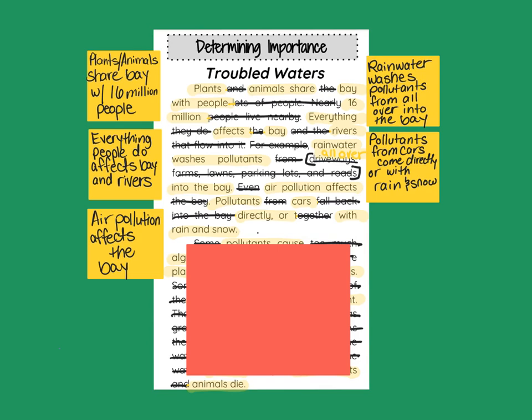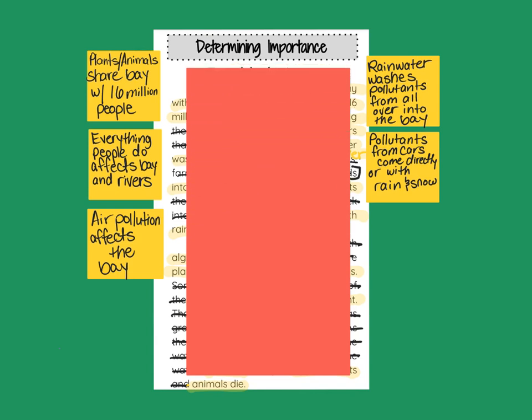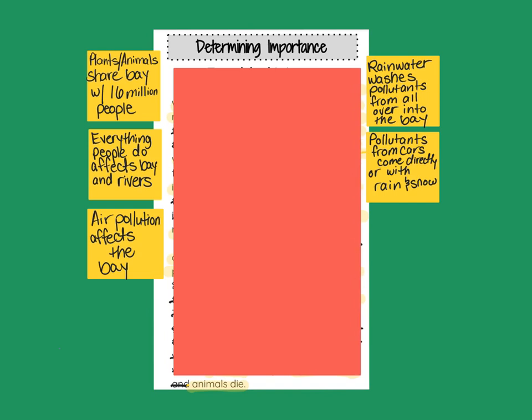Now that I've determined what's important, I can use my Post-it notes to recount or retell what's in the text. If I take the text away, I'm now able to focus on my notes. So when I retell this, I can determine that what's important in this text is the following.